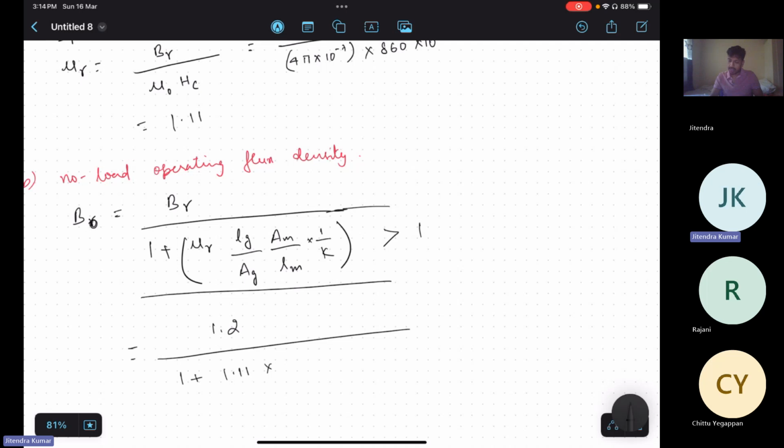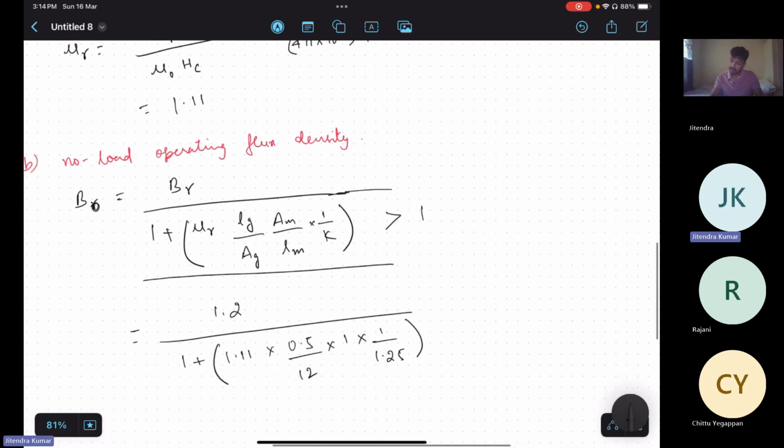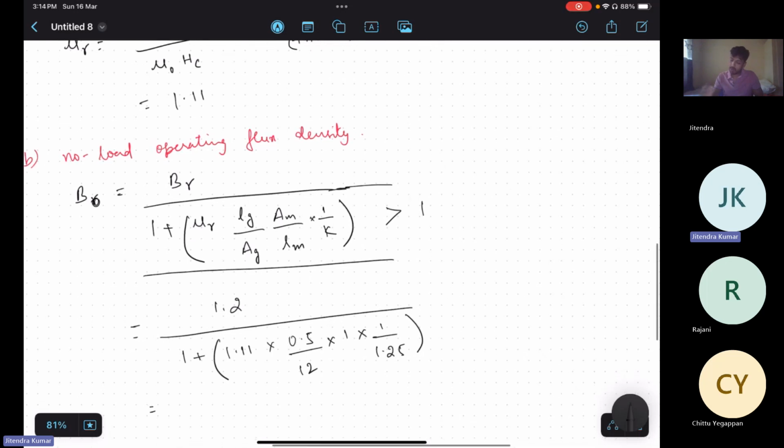LG, air gap length, is given 0.5, LM is given 12 mm, and area of magnet and air gap we have to consider as 1, and leakage factor is 1.25. If you calculate this value, you will get the value of no load operating flux density.